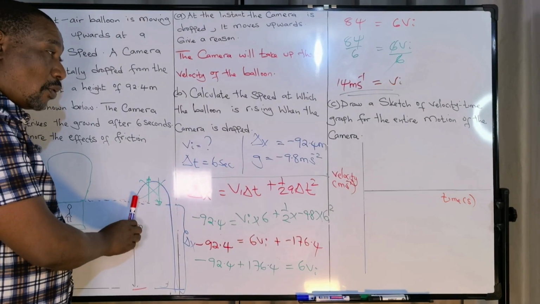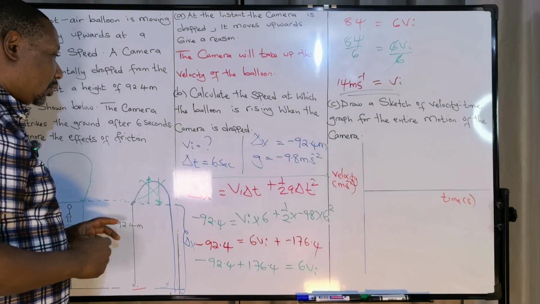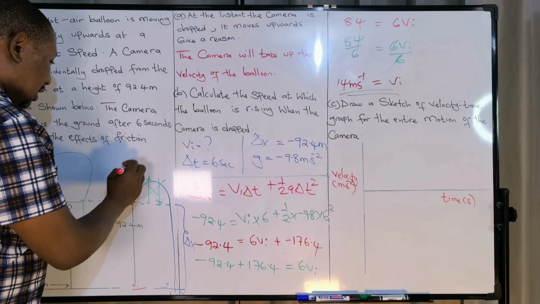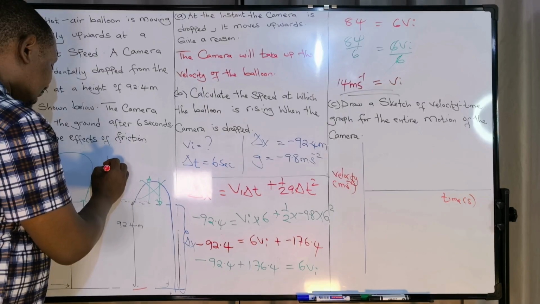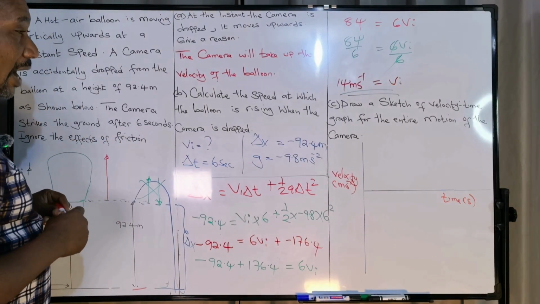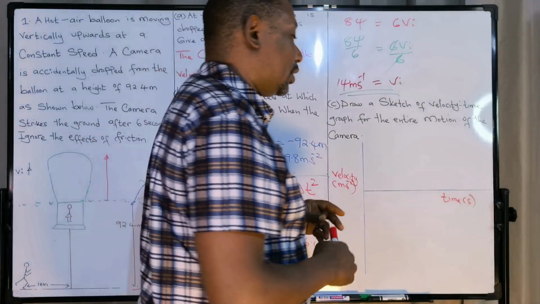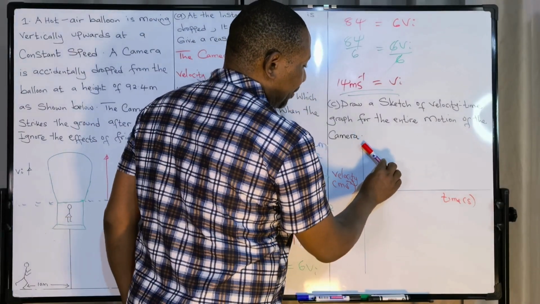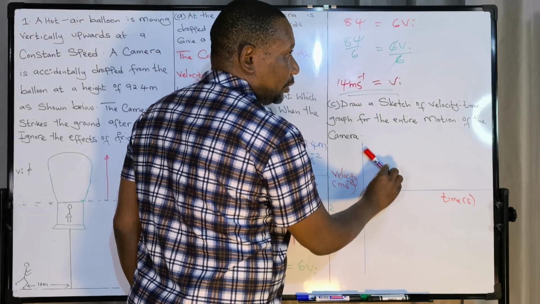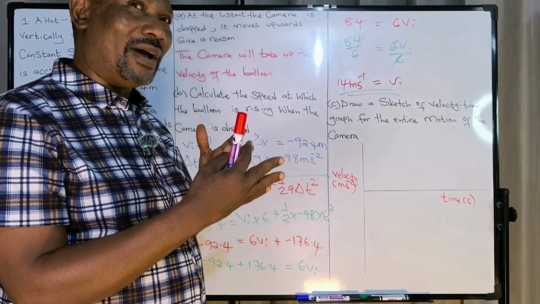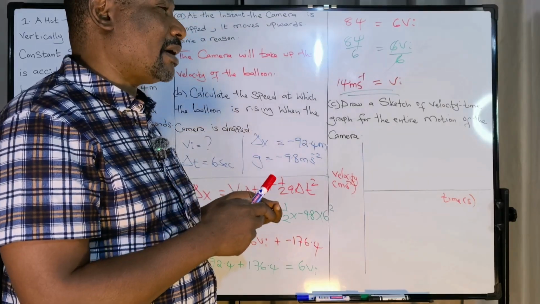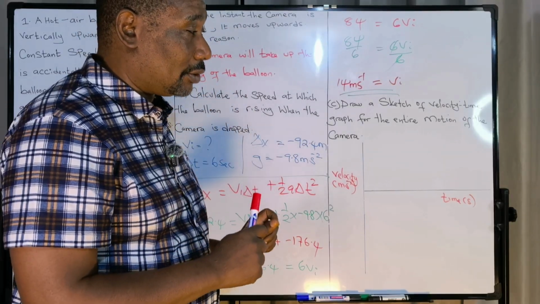It moved upwards first. So it executed two motions, very important. It moved upward like here. And when it's moving upwards, how do we show it? Upward motion is indicated like this. You have to remember that as it goes upwards, the velocity decreases until it reaches maximum height when the velocity is 0.